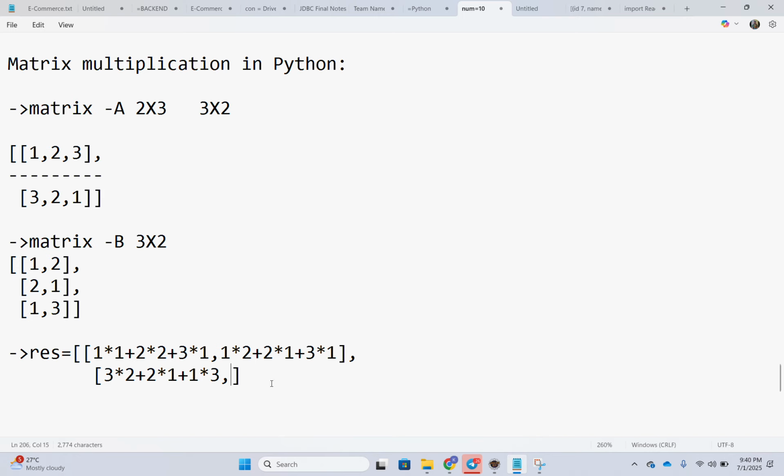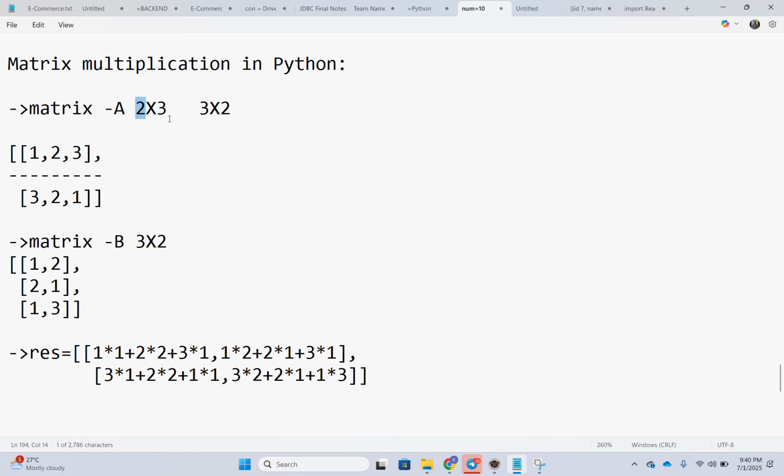Yes, I made a mistake. So this is the second row, second column. So previously it will be 3 into 1 plus 2 into 2 plus 1 into 1. So see the resultant matrix, you can observe that it is a 2 by 2 matrix.